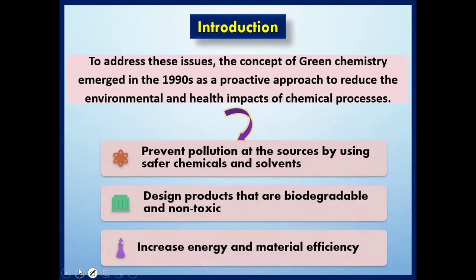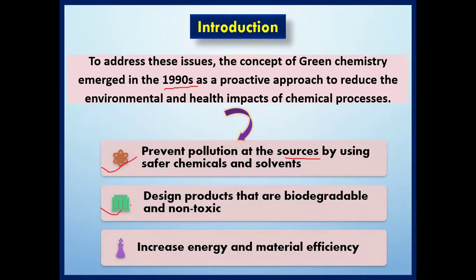So, to address these issues, the concept of green chemistry was introduced in the 1990s as a proactive approach to reduce the environmental and health impacts of chemical processes. So basically, green chemistry focuses on prevention of pollution at the source itself by using safer chemicals and solvents.